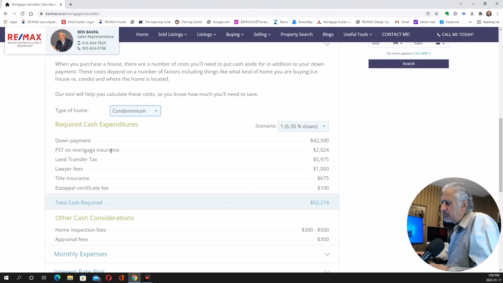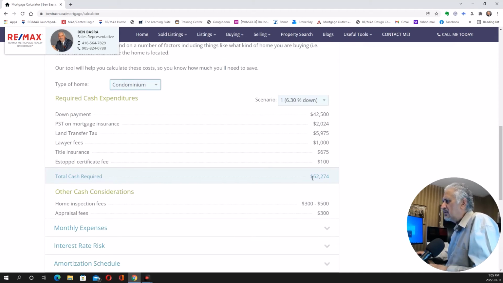So make sure you don't miss this, because this PST on mortgage insurance you have to pay. And there's land transfer tax, 5,900, and the lawyer fee, let's calculate about $1,000, and title insurance about $500-600, whatever. And another, this is a status certificate. If you're buying a resale condo, it's not brand new, so you basically need a status certificate to review, because you want to know exactly how much they have in reserve funds and all these things. So total cash, $52,000 you need maybe on your closing.